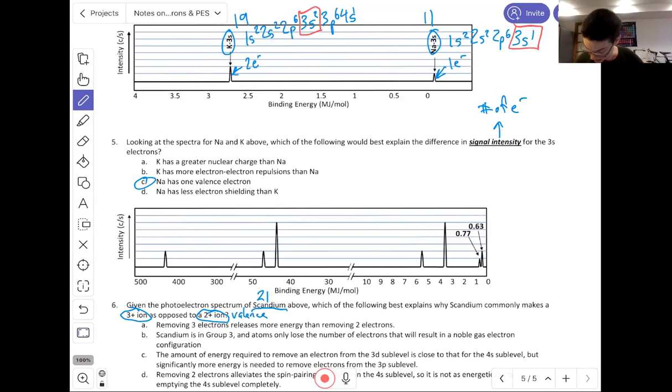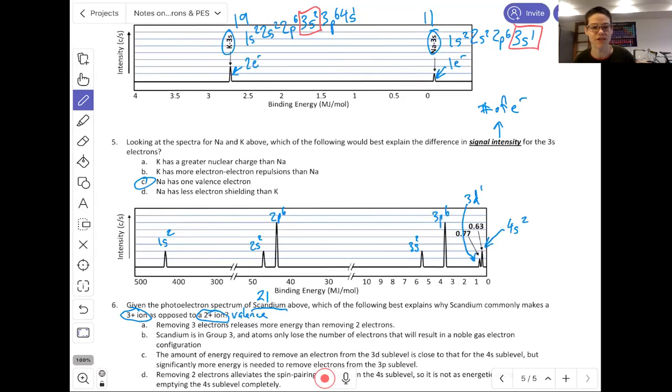So if we assign all of these peaks, this is 1s2, 2s2, 2p6, 3s2, 3p6. This one is 4s2, and this one down here is 3d1.